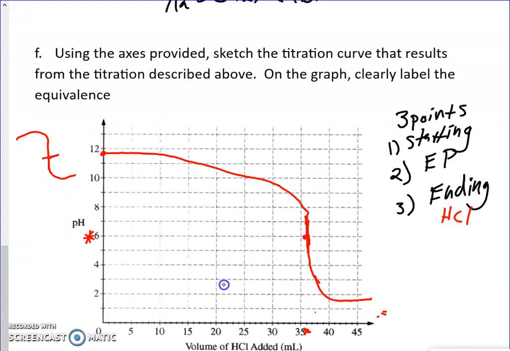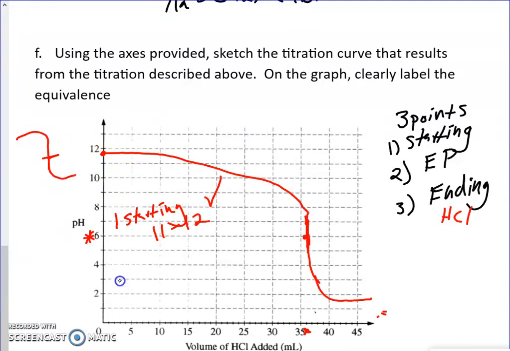Okay, and that's it. Just so you're aware, on the College Board answer key, and you can look this up for yourself too, they looked for 3 points. You got 1 point for starting between 11 and 12 at your pH. Check.